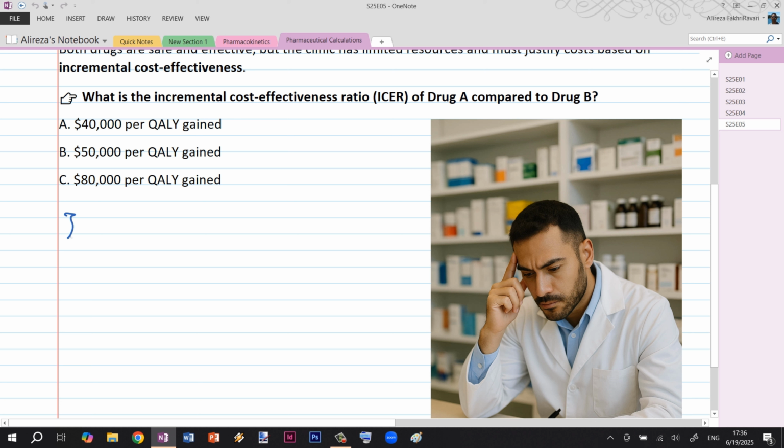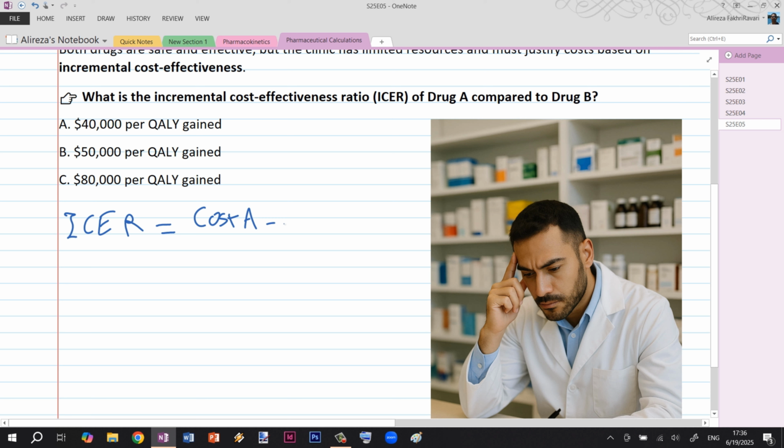So essentially, ICER is, typically you put the drug that costs more first, so we'll call this cost A for drug A, since that one was more expensive.